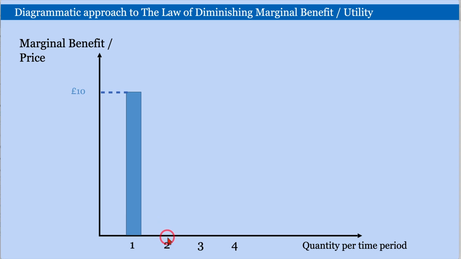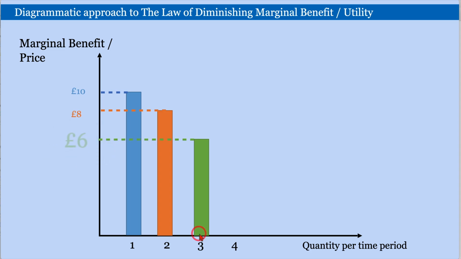But if I buy the second one during that day, I might only get a benefit that's lower, let's say £8. Now what happens when I buy my third one? Well, my third one only gives me an extra benefit of £6. So the marginal benefit is going down, but of course this is the benefit from the first one, the second one, the third one.